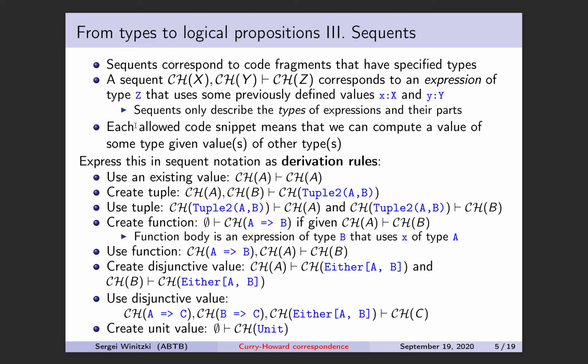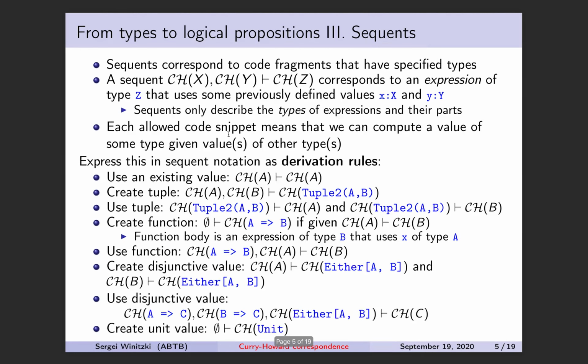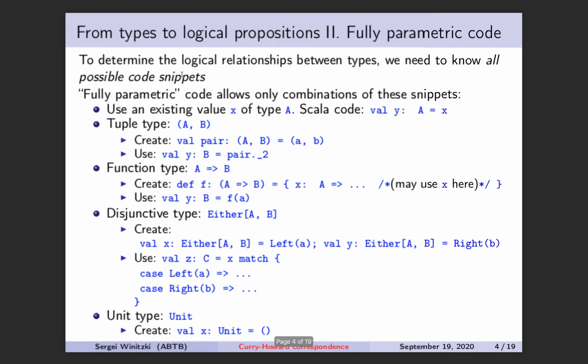So let's see what sequents we have. So each code snippet that is allowed here, and these are all, there are no other code snippets you're allowed to write. What is missing here? For example, recursion is missing. You cannot use recursion with Curry-Howard correspondence. It will not give you good results if you try to incorporate recursion.